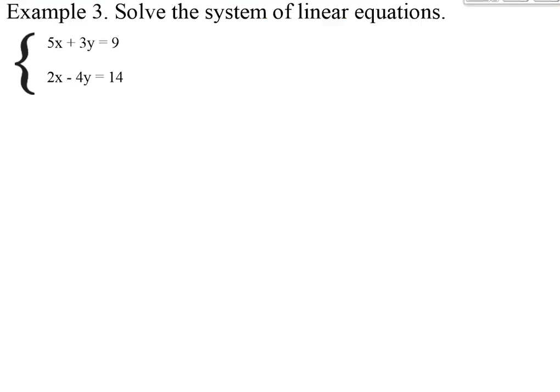Now, this one is solving a system of linear equations. Maybe because I'm not here, I will go through this one as well. So this one is 5x plus 3y equals 9. 2x minus 4y equals 14. So I'm going to make the y's drop out in this one because they have opposite signs.